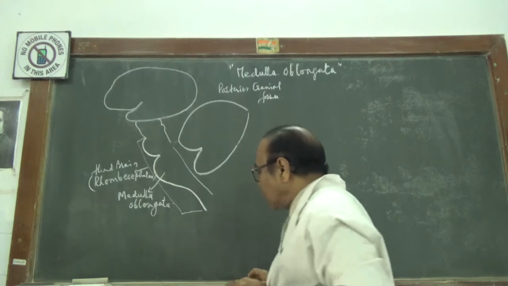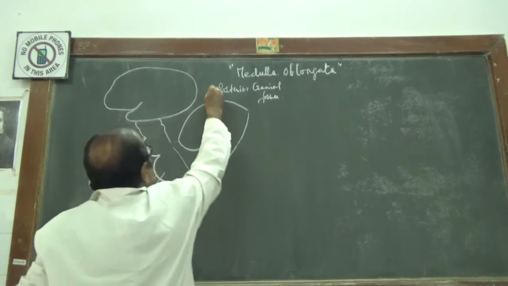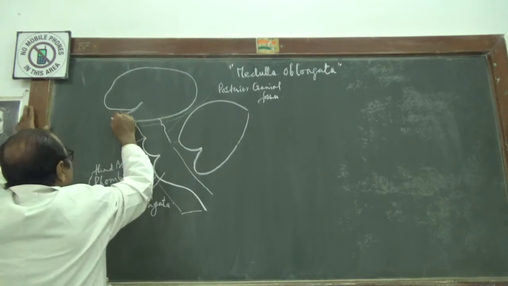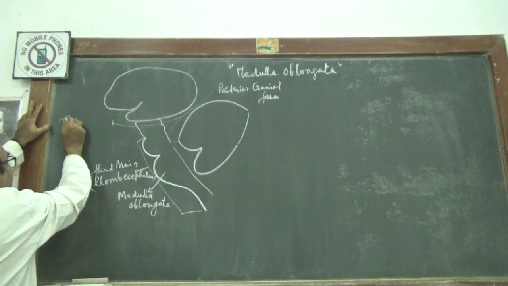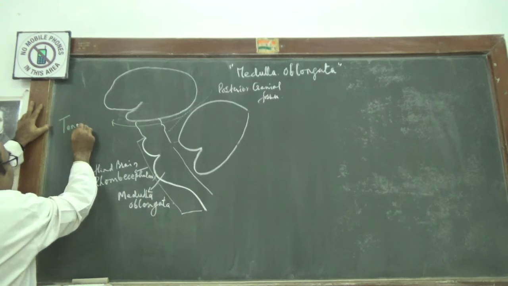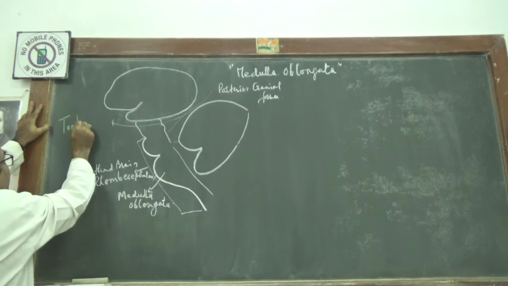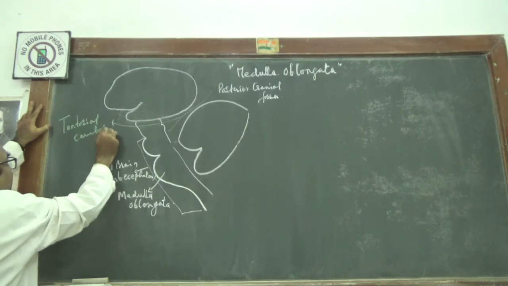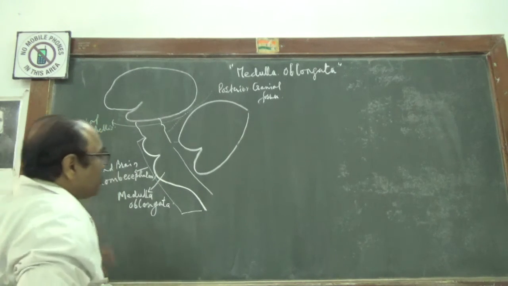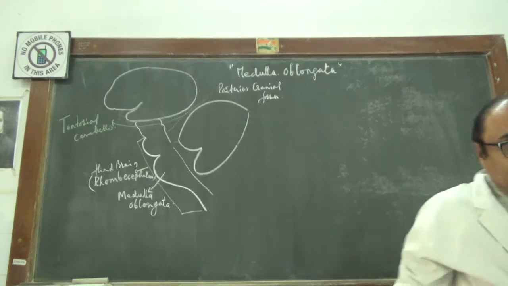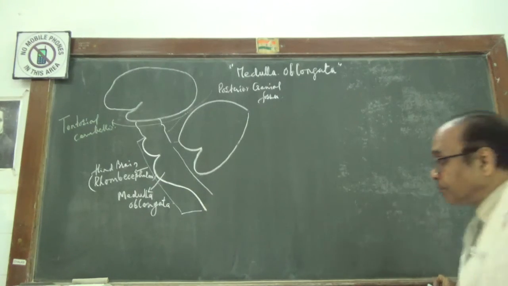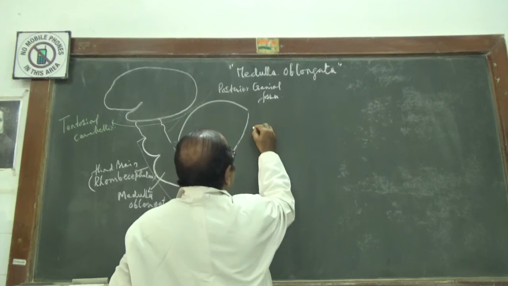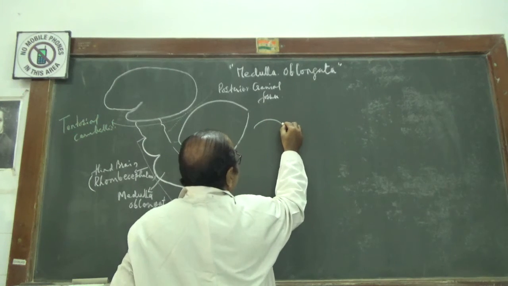Fully under the shelter of a part of the meninges, that is a part of a dura known as tentorium cerebelli. Now this medulla oblongata, when you view it from front, it will be looking like this.